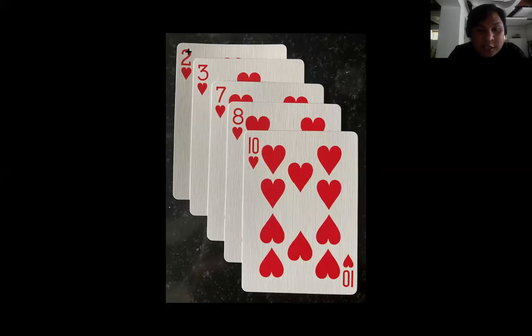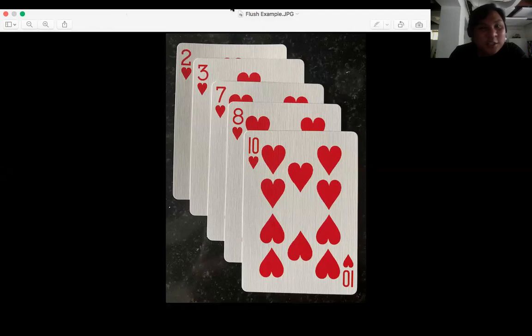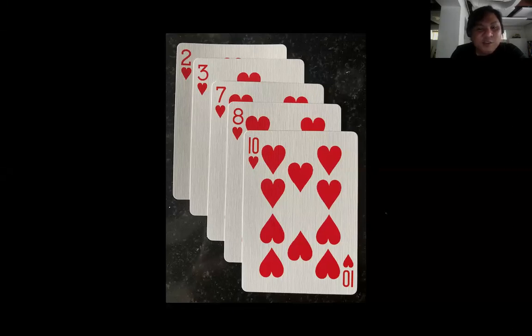These are 5 cards all belonging to the suit of hearts. You have a 2 of hearts, 3 of hearts, 7 of hearts, 8 of hearts, 10 of hearts. It does not matter which 5 cards belonging to hearts you get, as long as they all belong to the suit of hearts. So this one is an example of a flush. Okay, let's go back to the next question. Let's see what the next question is.